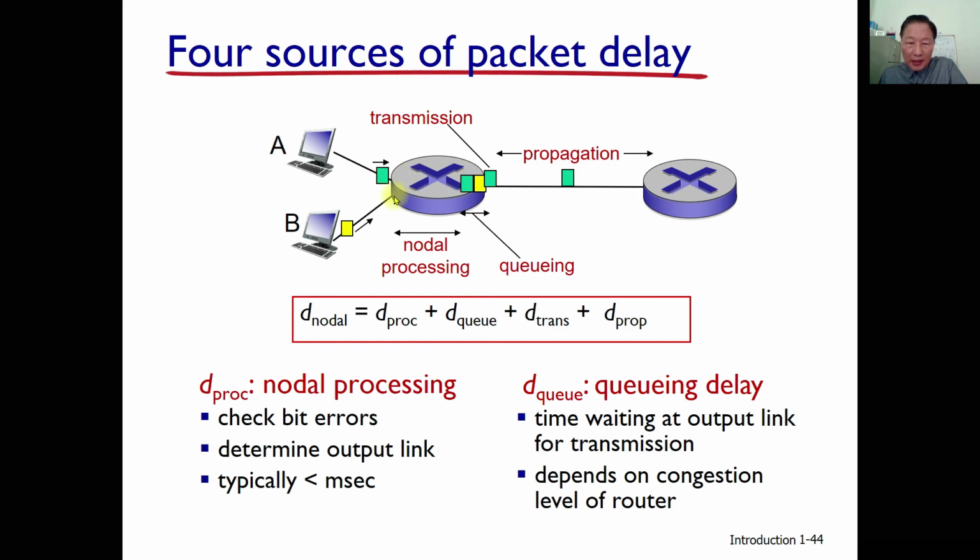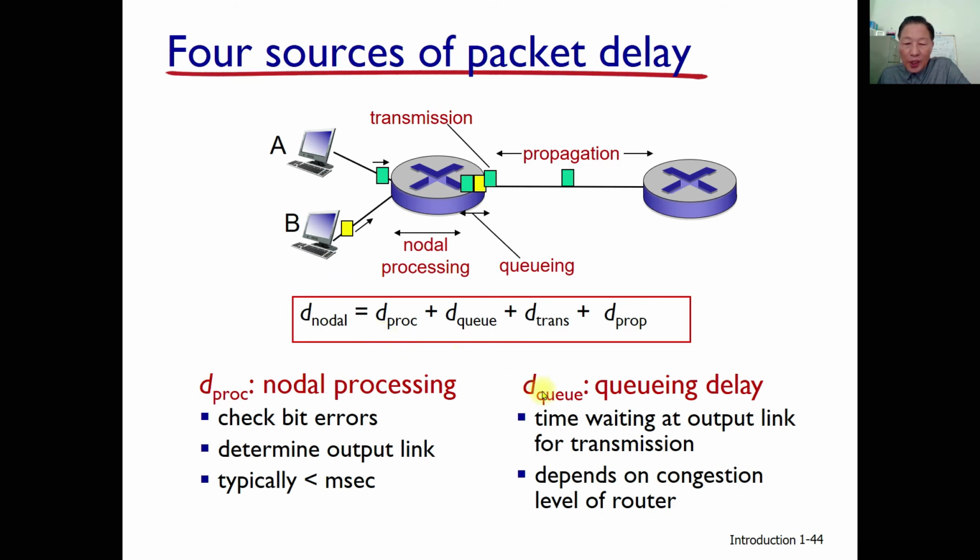First it is receiving, and it will wait there, and then it is going out. And it takes time. That is called nodal processing delay. This one is checking bit errors, whether there is some error or not, depending upon the protocol. And determining the output link, which link, depending upon the final destination. Usually that will be in the lower than a millisecond range.